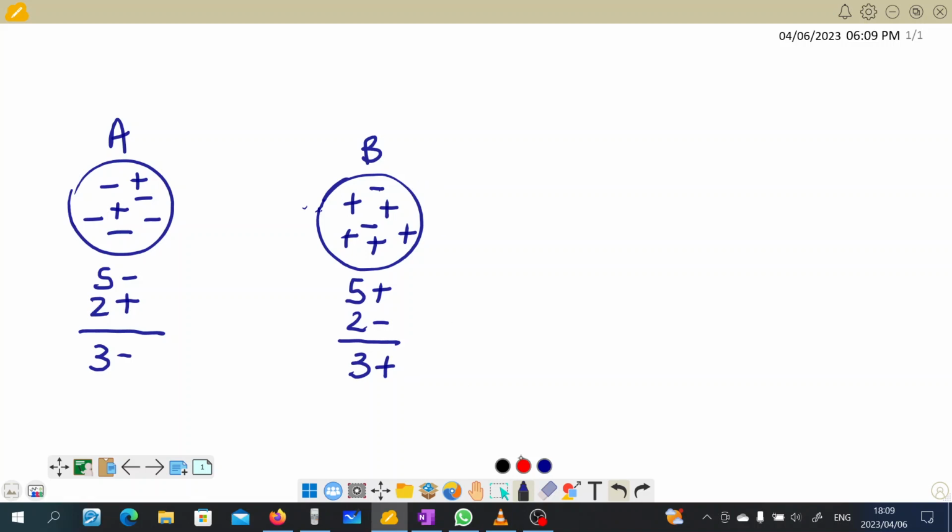Which means that B is a positive charge and A is a negative charge. Why? Because A has more negatives. B is positive because it has more positives. So every time you see a charge that is negative, you know that it has more electrons. That's what you know from grade 9.